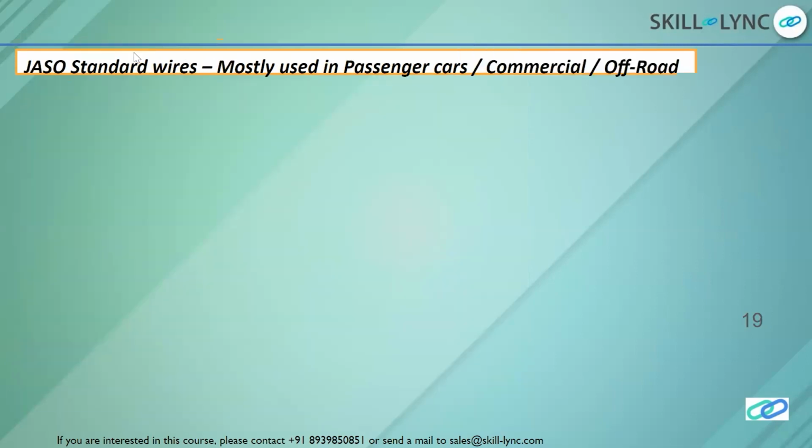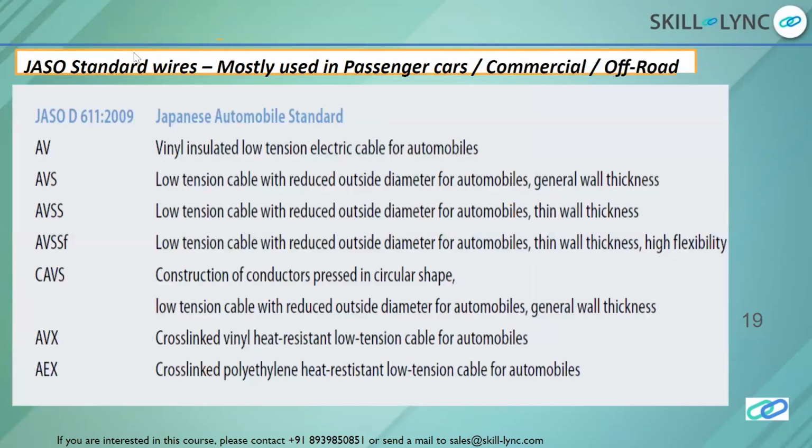Correct. So JASO standards also have their own notations, like AV, which is vinyl insulated low tension electric cables for automotives. AV is basically for automotive application, and AVS is automotive with wall thickness criteria. And then we have AVSS, AVX, AEX, etc. Based on the thickness of the wires utilized, the power carrying capacity, or the amount of protection provided, you will have the JASO standard wires with different notations.